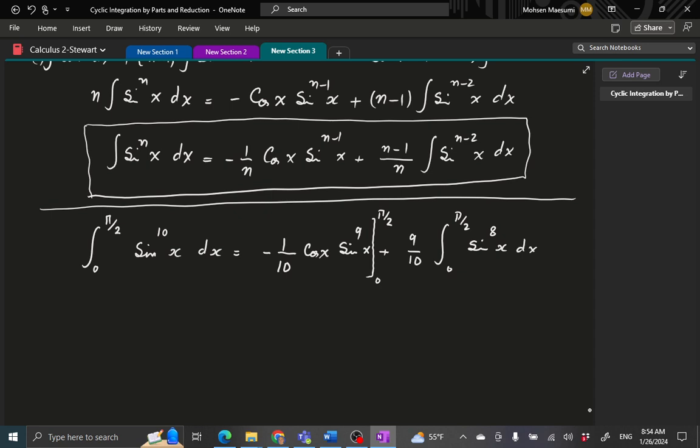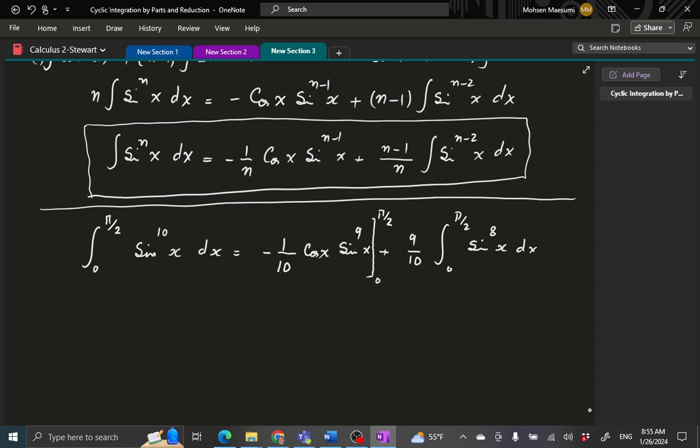Well, hopefully some simplification shows up here, otherwise it's going to be a nightmare. So cosine of pi over 2, well, that is conveniently 0, and sine of 0 is 0. So at both ends, this expression just falls out.